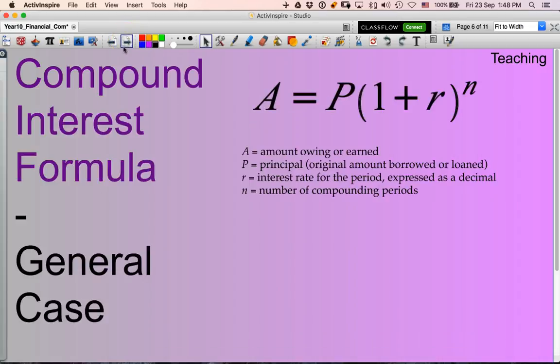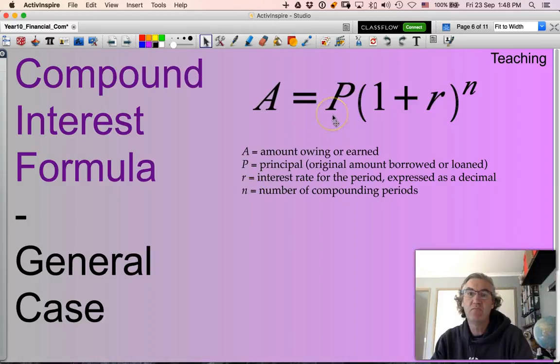So, the general formula that I use to calculate compound interest, the amount after n years or n compounding periods, equals my principal, how much did I borrow, how much did I loan, multiplied by 1 plus the rate.